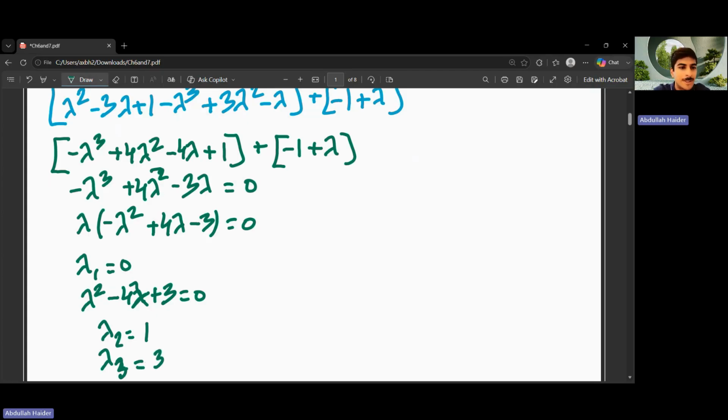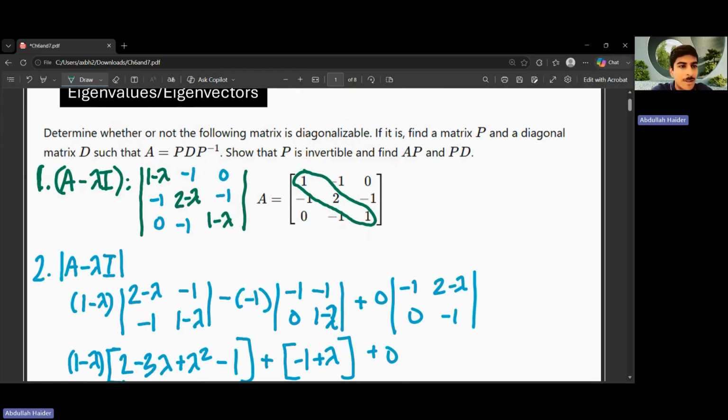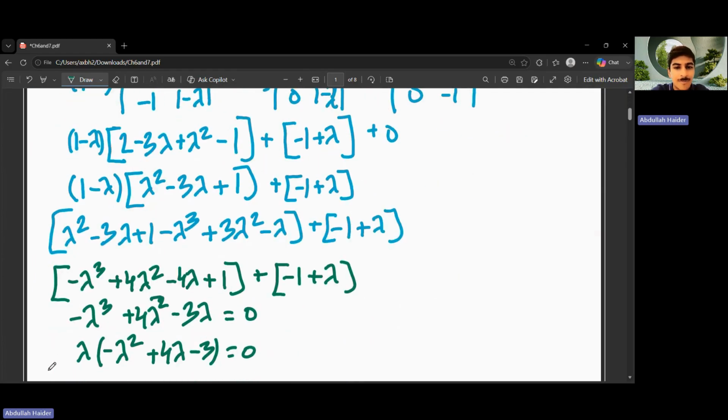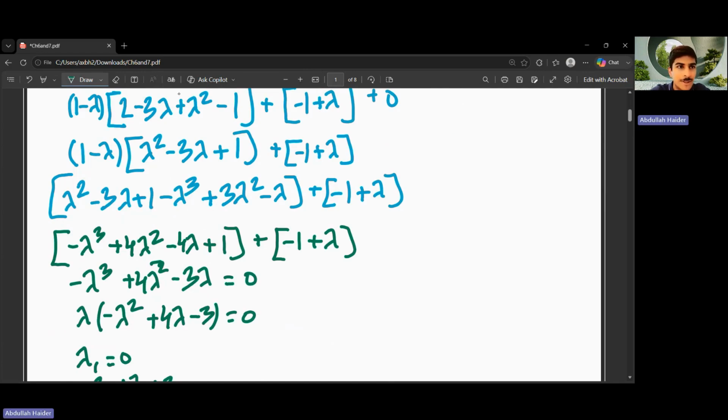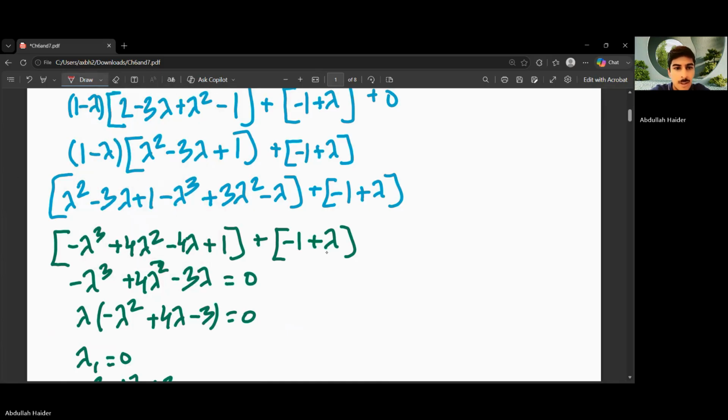So these are basically your eigenvalues. So again, what you do is you do a minus lambda, you subtract these numbers from the main diagonal by lambda, find a determinant, and then I forgot to write the step. Now you do the determinant of A minus lambda I is equals to 0.